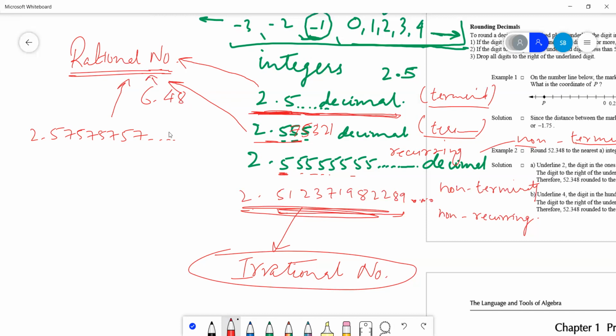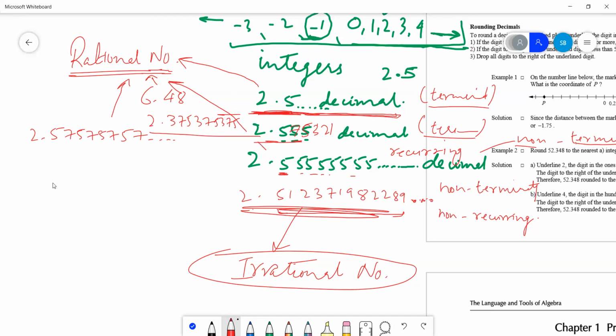And if you're having a decimal number which is non-terminating but recurring, 2.375375, and this 375 is getting repeated, we can say that this is also a rational number because it is non-terminating and recurring.